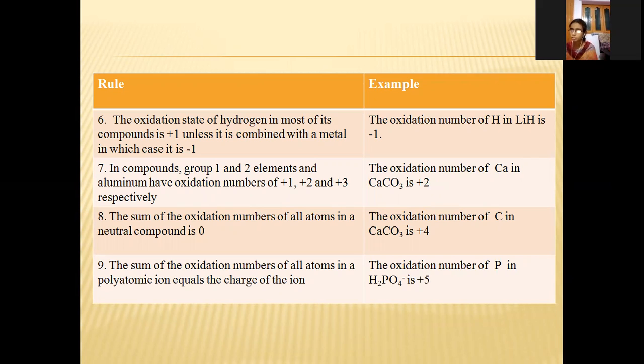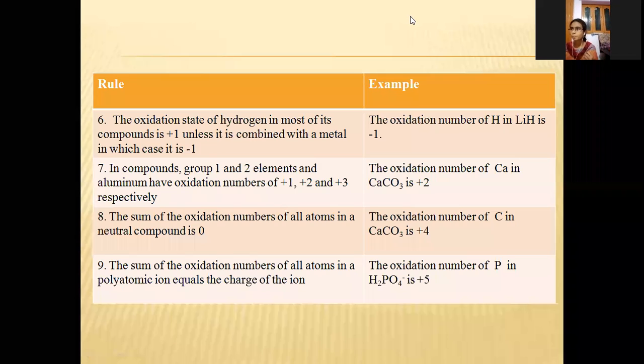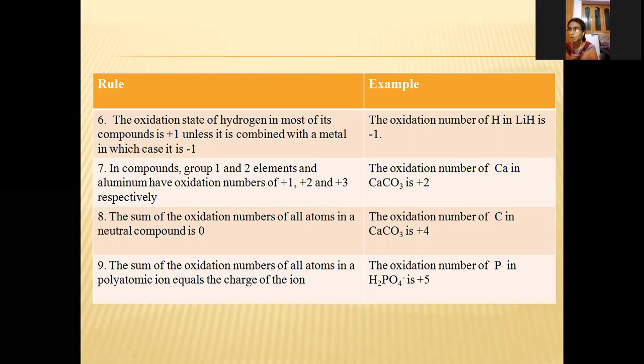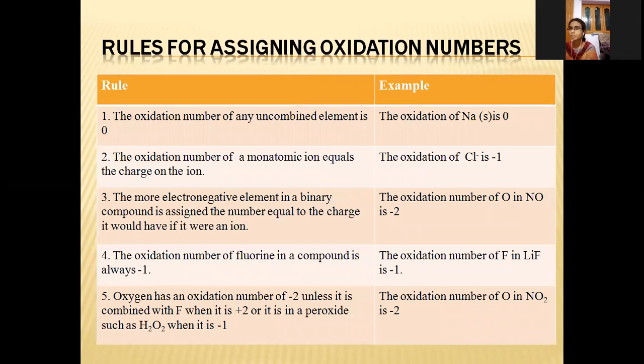The sum of the oxidation numbers of all the atoms in a polyatomic ion equals the charge of the ion. So the oxidation number of phosphorus in phosphoric acid is +5. These are the rules for assigning oxidation numbers.